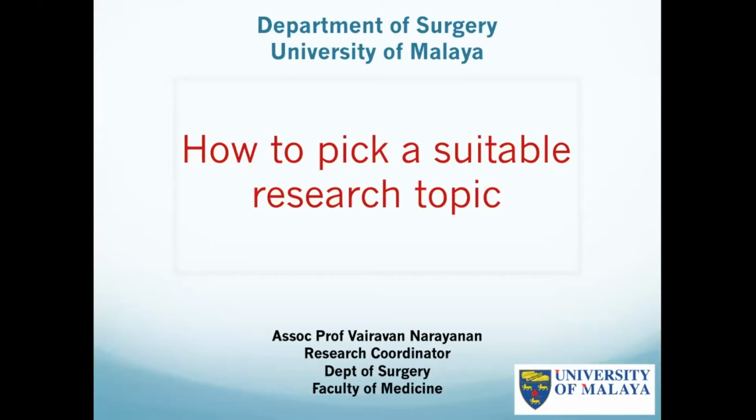All 3 programs require a thesis to be submitted as a requirement for exams. And so it is a very important component of the postgraduate program. What I'll be talking about today is specifically on how to pick a suitable research topic.